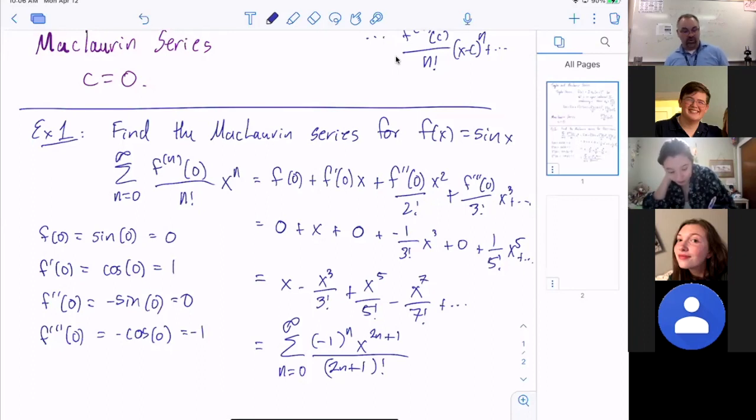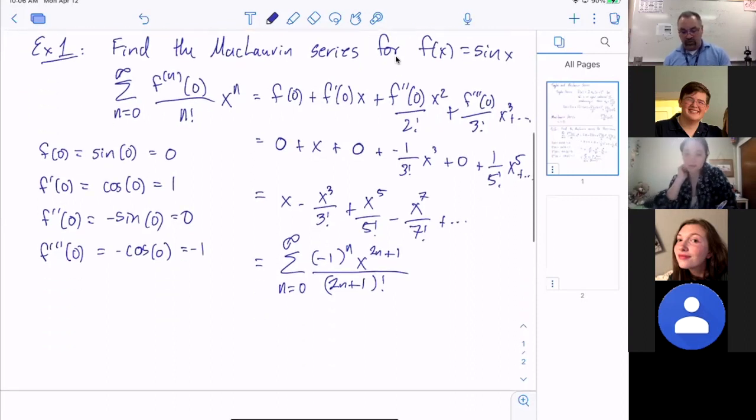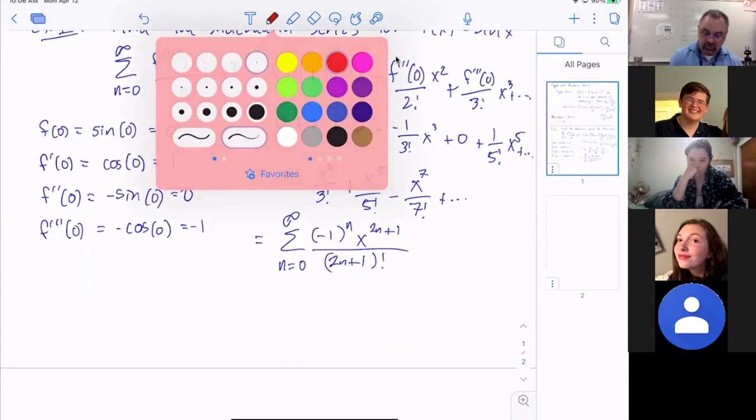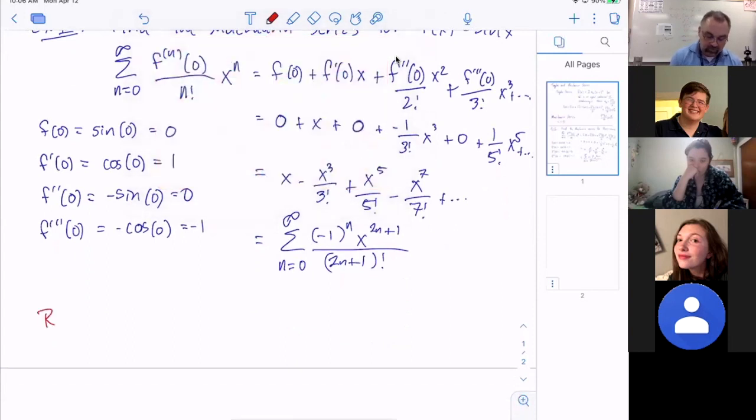Okay, and I think you can see that if we did a quick ratio test with that, it would be convergent. Let's do that here. So what's the limit as n approaches infinity?